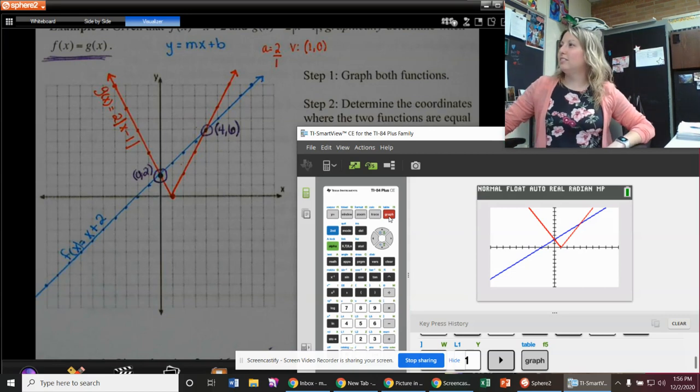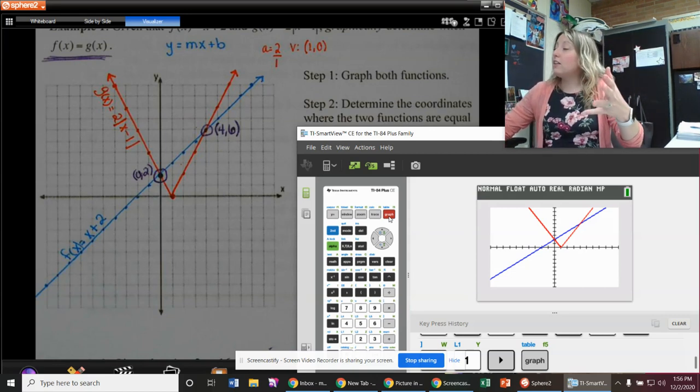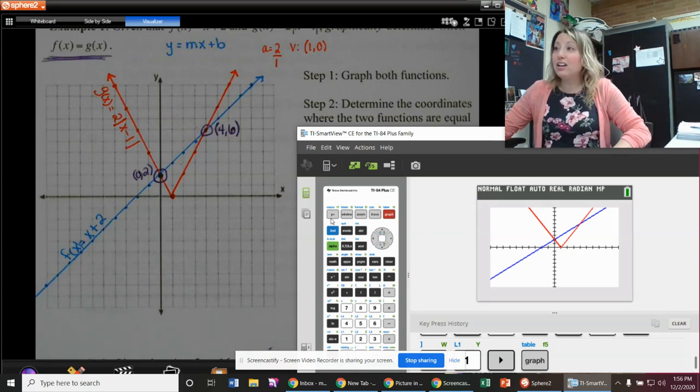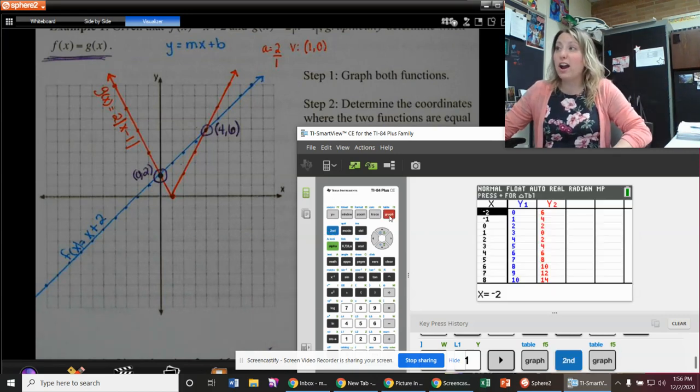Look at that. Now, let's say that I didn't remember chapter 3, lesson 6, and chapter 4, lesson 8, and how to graph the absolute value without the equation. I could actually just go here, second and graph, and get the table of points for my absolute value. Because look, the red is my absolute value. Here's points on the absolute value graph.